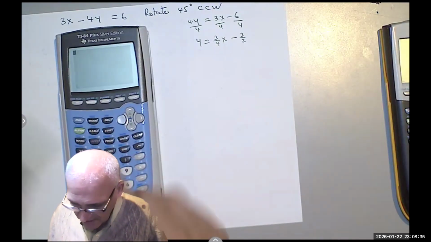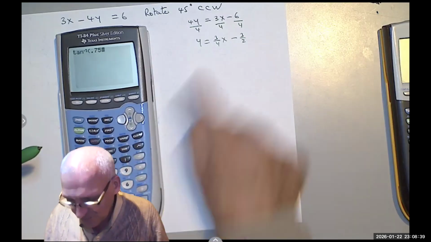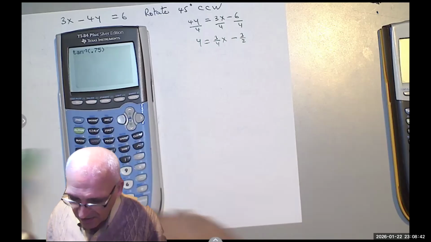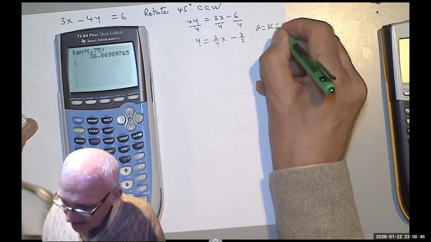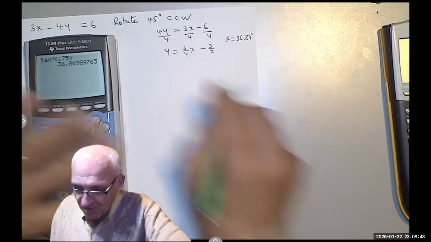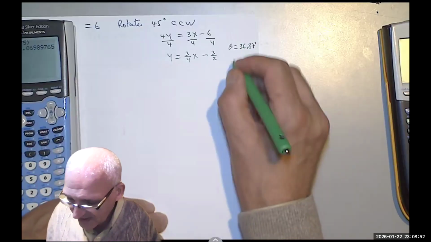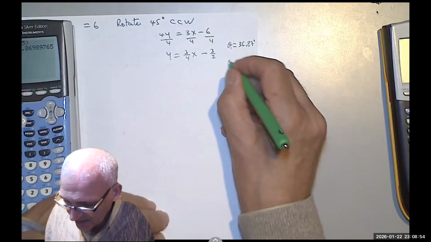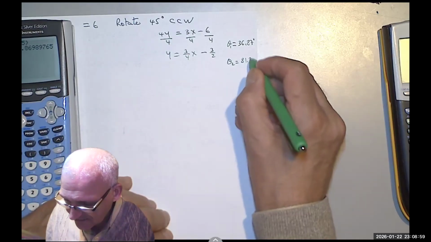So I'm going to say inverse tan of 0.75 or 3/4. This angle theta is 36.87 degrees. If I'm going to rotate it counterclockwise, it would increase by 45. So if we call that theta 1, theta 2 should be 81.87 degrees.